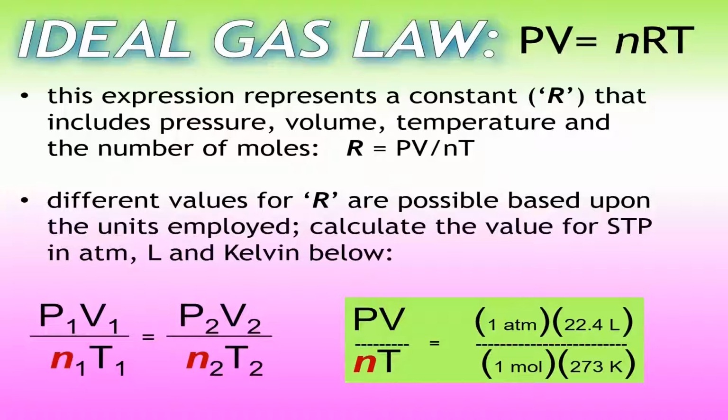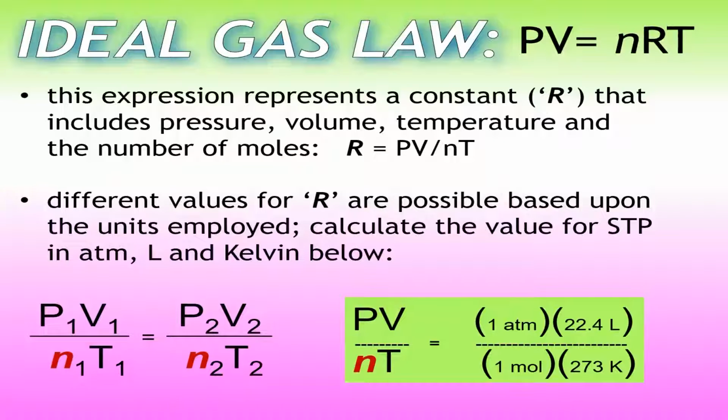And so this region highlighted in green kind of explains what's going on in one particular situation with R. If we say R equals PV over nT, one really simplified way of doing that in terms of units is that we can use 1 atmosphere for the pressure because that's the standard pressure at STP. And we can use 273 Kelvin for the temperature because that's the standard temperature at STP.